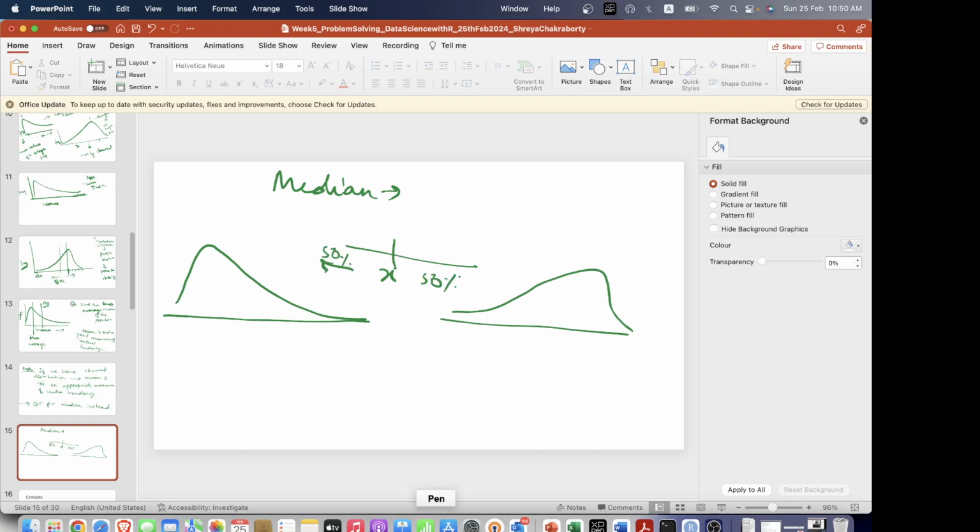It divides the entire data set into two parts, giving a true representation of a mid value: 50% of the population is below this level, and 50% of the population is above this level. So this is a better measure of central tendency when we have extremely or reasonably skewed distributions. Is it okay?